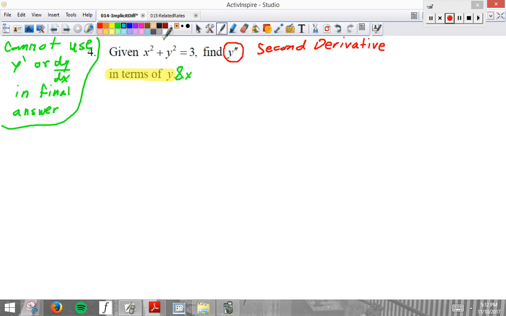All right, here we go. The first step to find the second derivative is to find the first derivative. So we're going to get the first derivative by taking the derivative of both sides: 2x plus 2y dy/dx. Remember the hook on every y you differentiate. Equals 0, the derivative of 3.